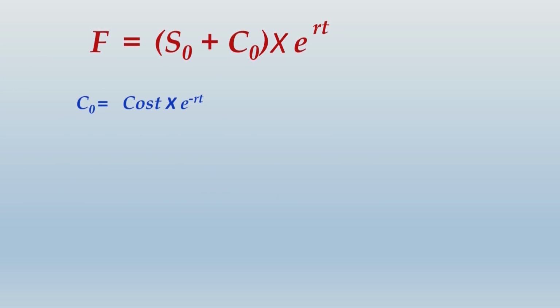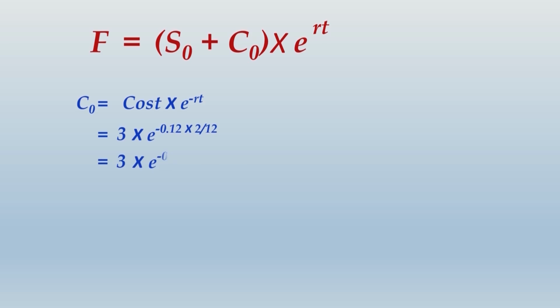What we find next is the substitution of all these values in the equation. We will first find the value of C0, that is cost multiplied by e raised to minus RT. The rate of interest will be 12%, but the time involved over here, as I have told you, should be 2 months.